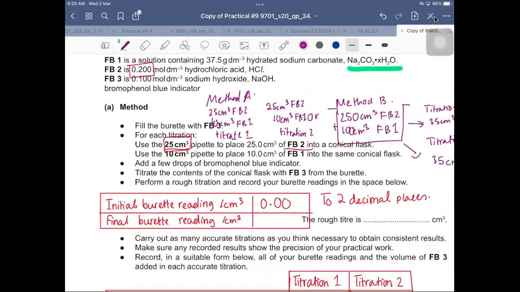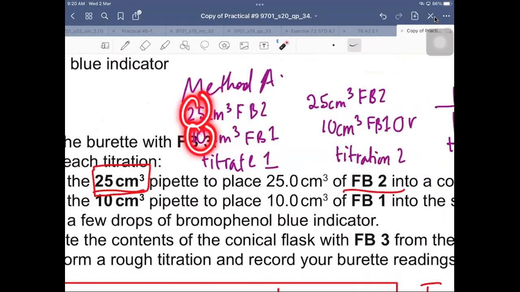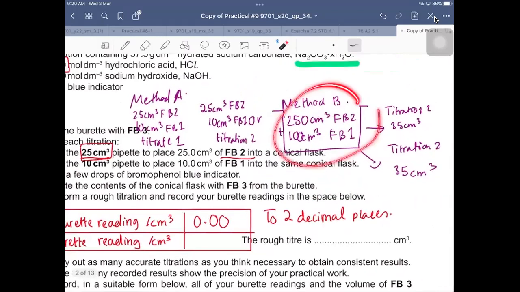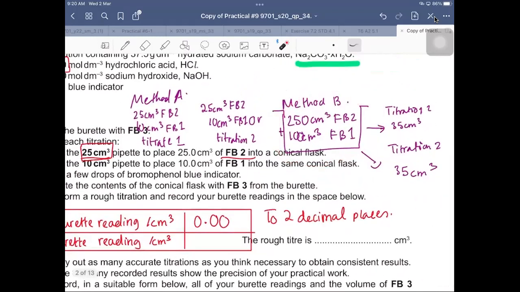So you can see, guys, here I individually measure out the required volume, but in total, 25 plus 10 is 35. As for method B, I mix everything, make my life easier. Mix everything and just take out 35 cm³ and then carry out titration.